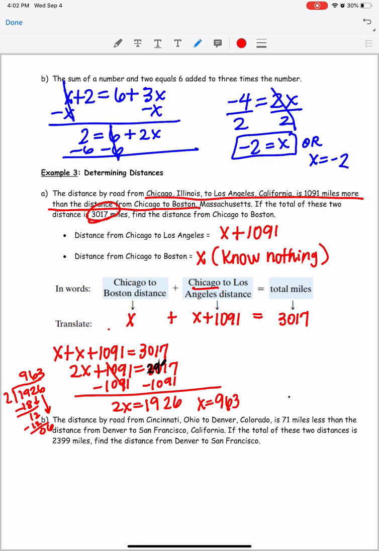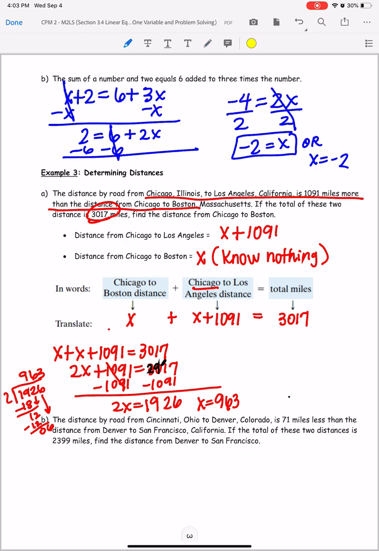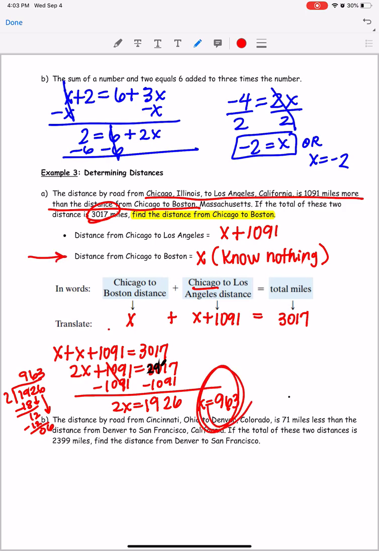Now, in this problem, again, if you didn't get that division, come see me. But the question on this one here, it wants me to find the distance from Chicago to Boston. My distance from Chicago to Boston is simply just x. We have found x. So we are done, except for step 4, which is to interpret. Word problems require word answers.